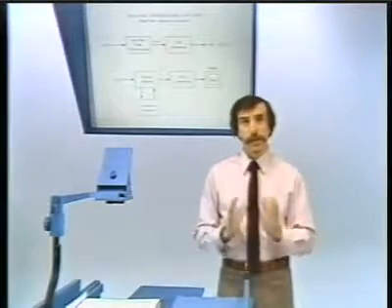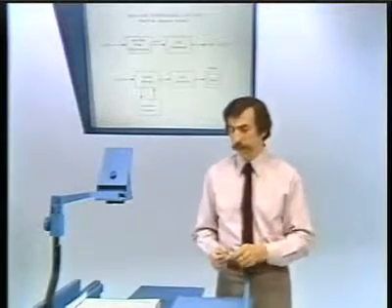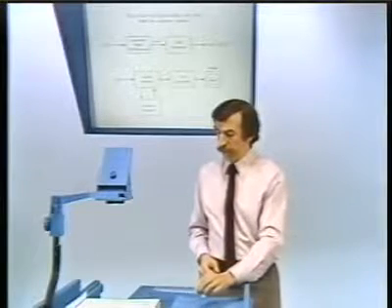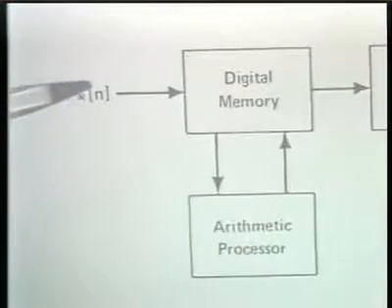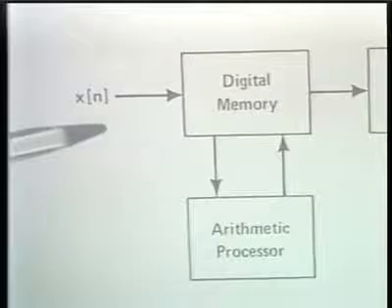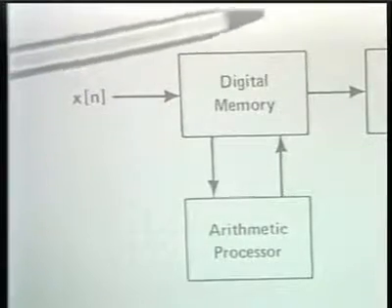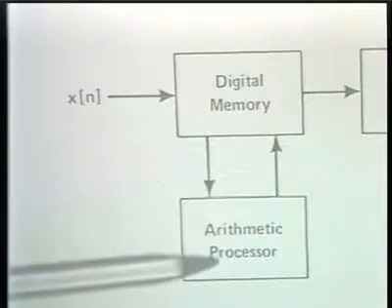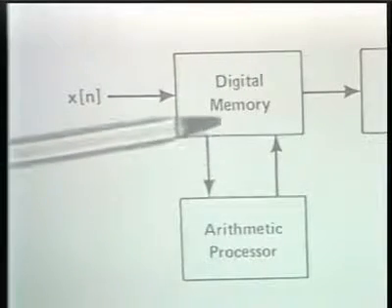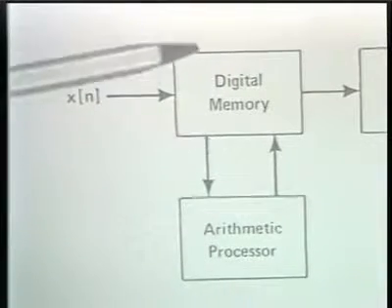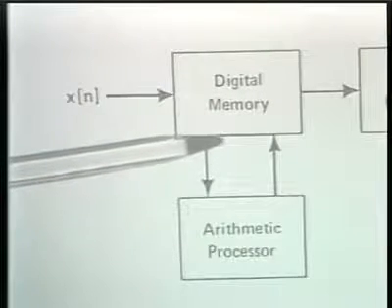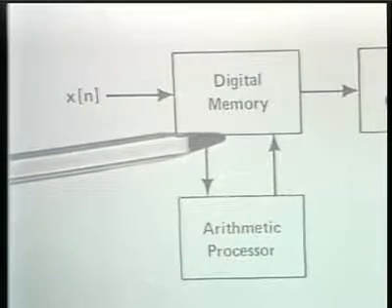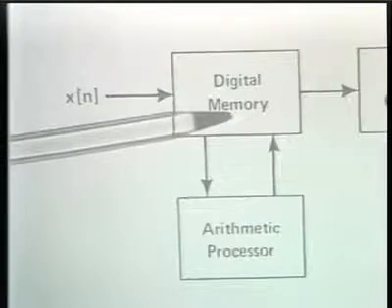Basically, a time block of it is put into digital memory, and so that's what we have down here. Here is the sequence. The sequence is put into digital memory, and then an arithmetic processor computes, for the samples in this memory, the Fourier transform or the spectrum.